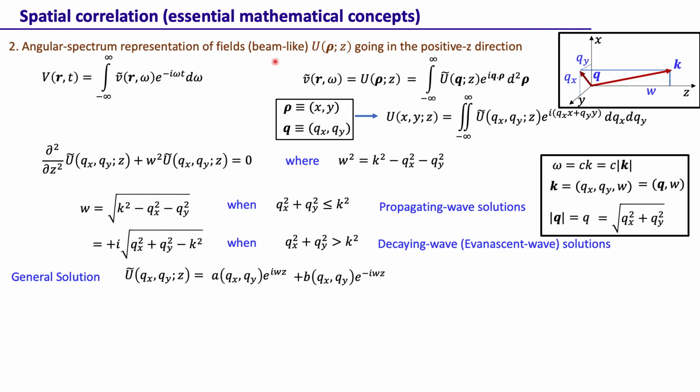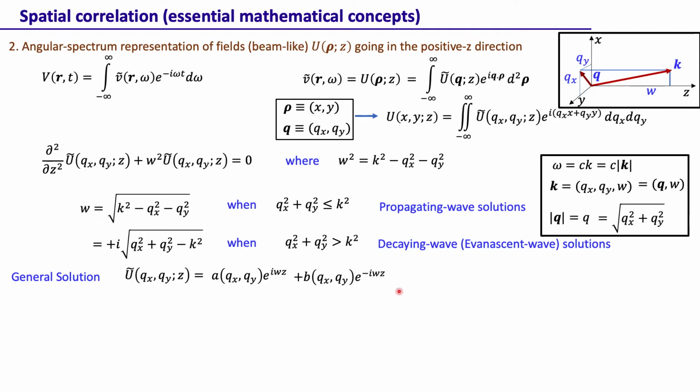We are only interested in the beam-like solutions that are propagating in the positive z direction. Although these are physical solutions, we will not be looking at them, and we only concentrate on the positive propagating wave solution. So if we concentrate on the propagating wave solution, that means we are only taking the positive values of w.